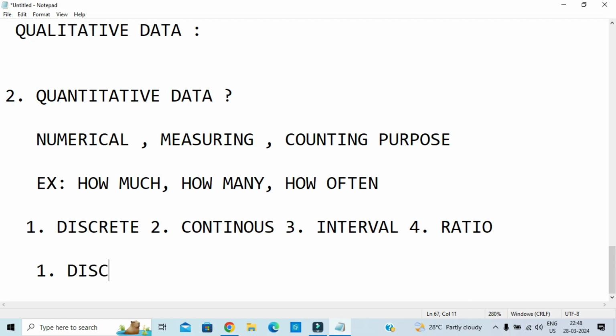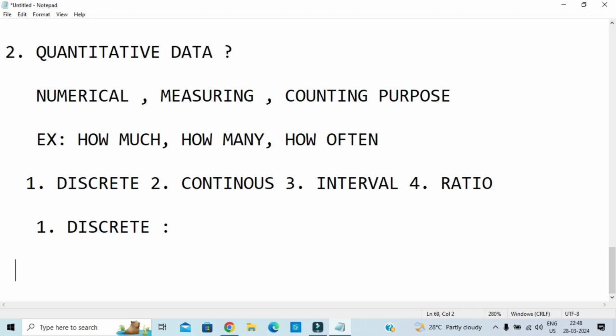The first one is discrete data. Discrete and continuous come under one category, interval and ratio under another. What is discrete? Discrete data is where the result is displayed in integers or whole numbers.